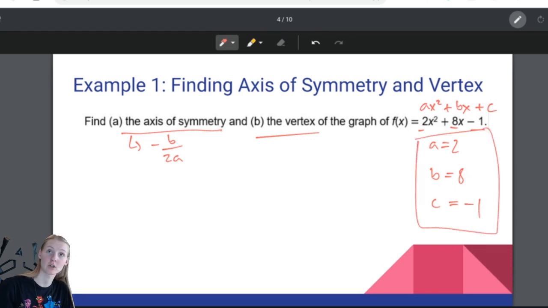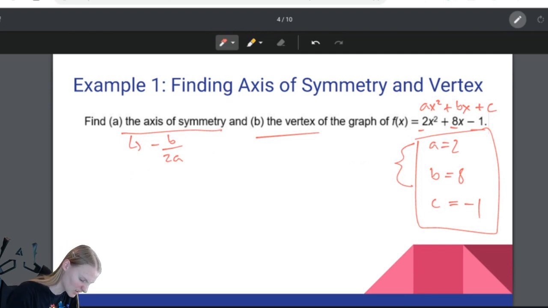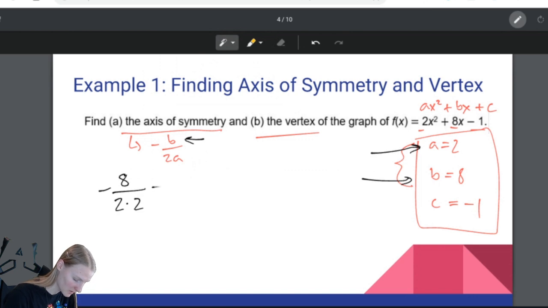Beautiful. Important information, because when I take negative b over 2a here, I'm going to take a and b and shove them in there. So, let's get a different color in here. It's easier to see. Negative b is 8, so negative 8 over 2 times a, which is 2. So this is negative 8 over 4.